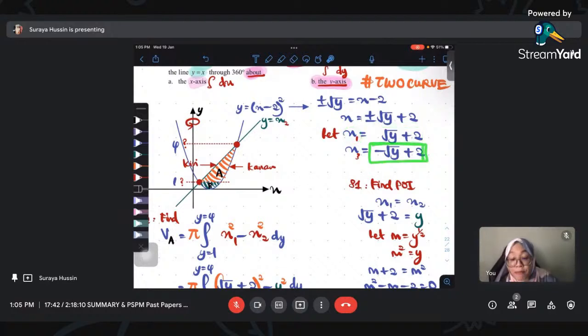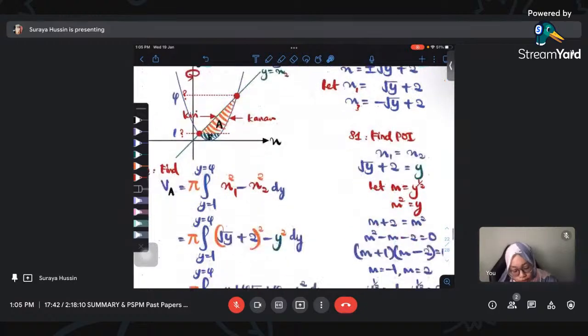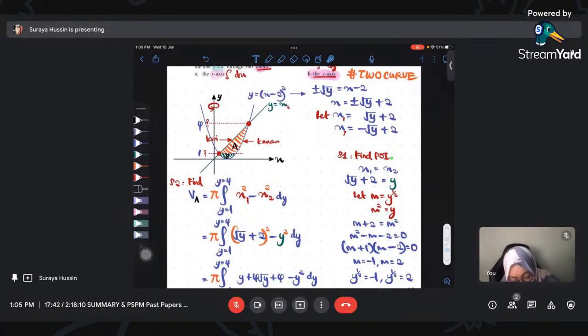Sebab tu saya name it, I assume it with another name which is X3. Up to you guys, but this is mine lah. Okay, so saya namekan yang ini X2 sebab yang ini lagi penting sebab kita kan antara dua curve kan kita ambil yang tu kan.